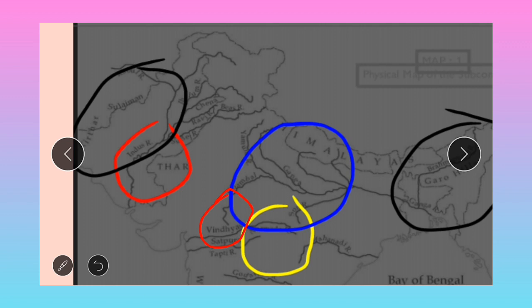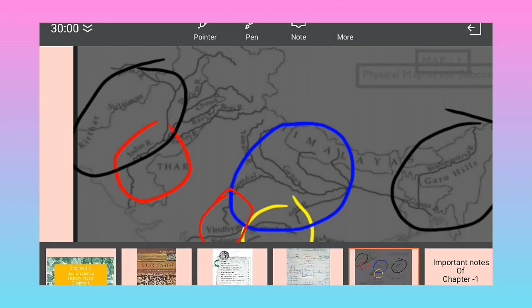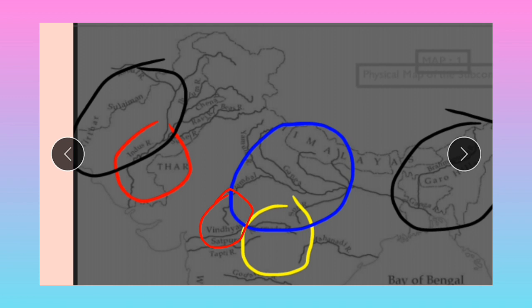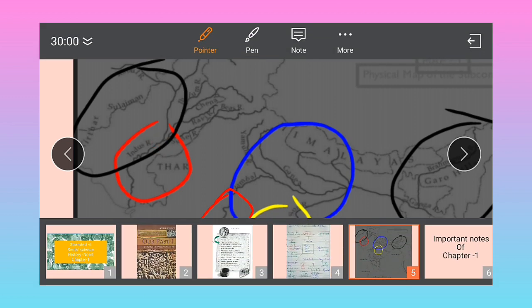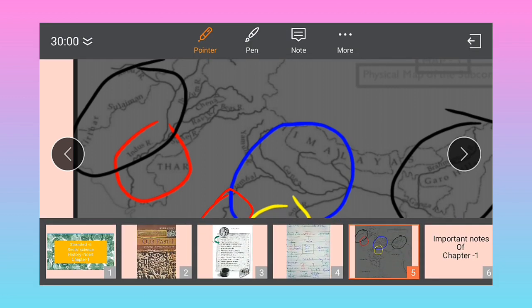Besides that, here is the Indus and its tributaries, the blue circle is the Ganga and its tributaries, and the yellow circle is the Narmada and its tributaries.